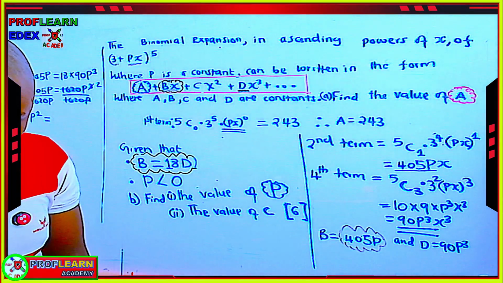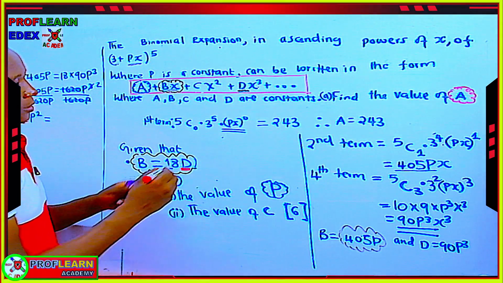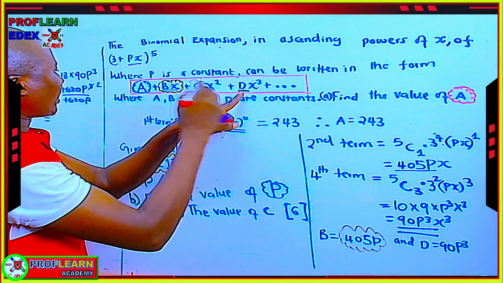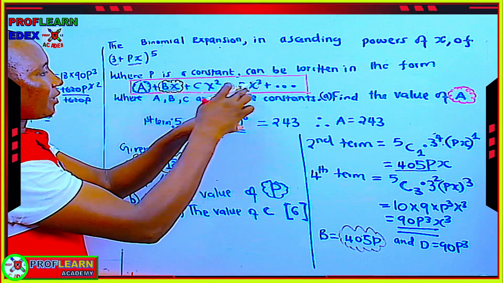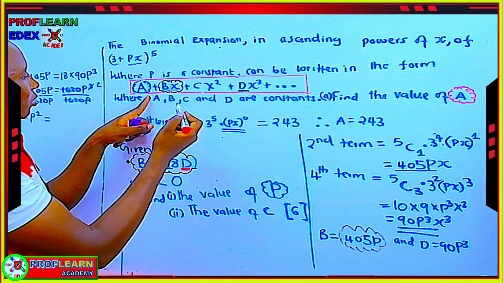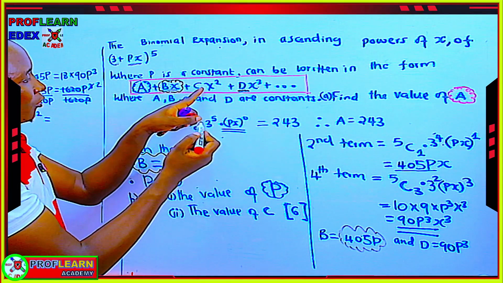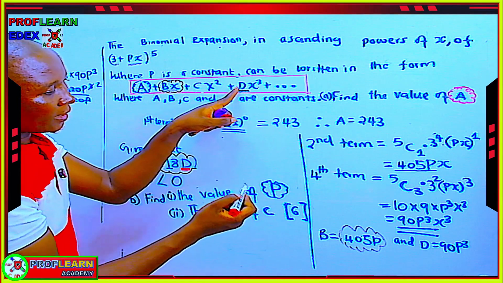You also need to see that we are talking of D at this point, and D is in which term? First term, second, third, and fourth. So if we are finding the coefficient, we are going to say 5 combination 0, 5 combination 1, 5 combination 2, 5 combination 3.